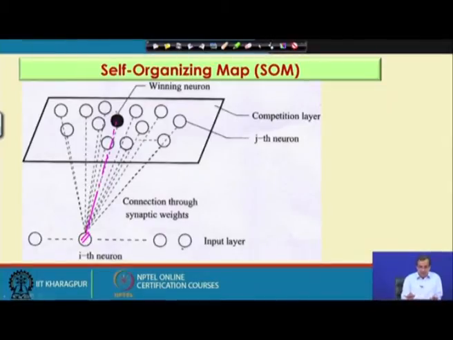Now, the same principle you follow for all the remaining n minus 1 input data. Corresponding to this, you try to find out another connecting weight and its updating. Corresponding to this, another w_ji value I will be getting, and corresponding to this, another connecting weight. So, corresponding to capital N data points here, I will be getting capital N connecting weights and their updated values.